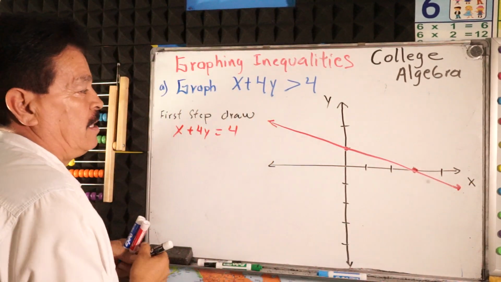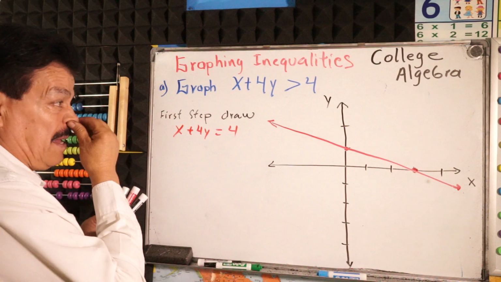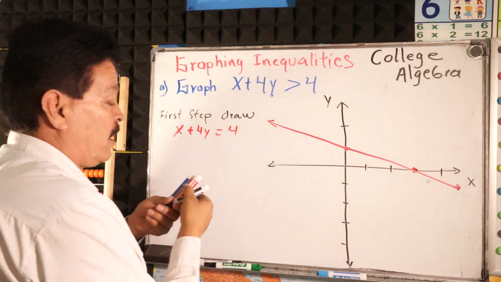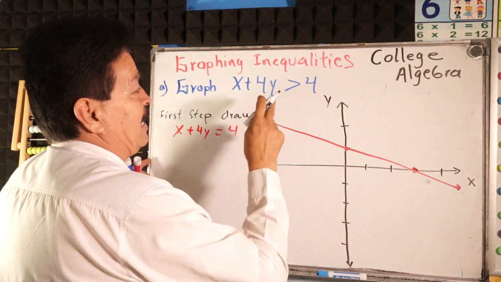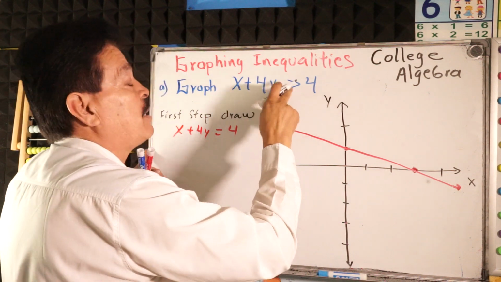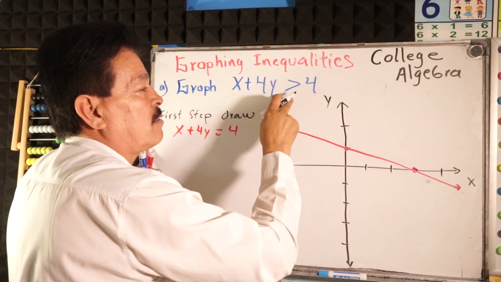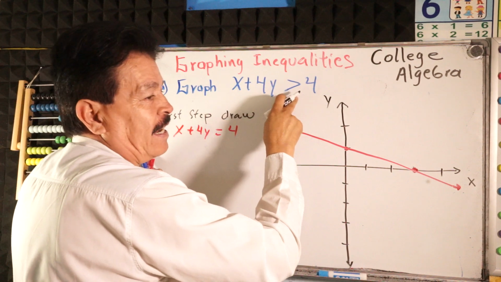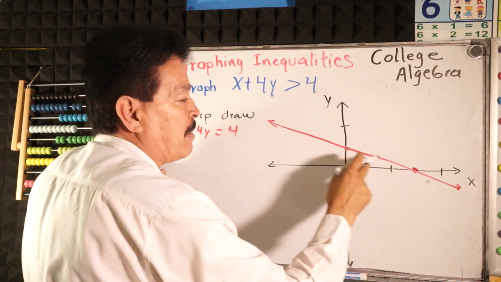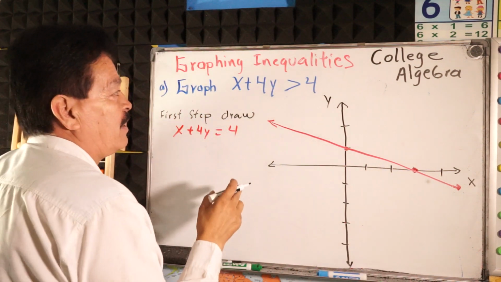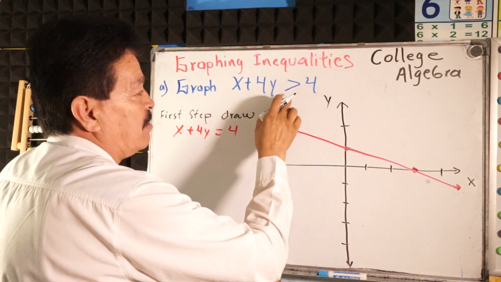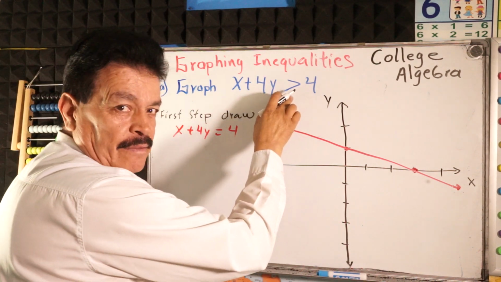But now, look at this, not finished yet. Since we are talking about, and this is very important, less than or equal to, or greater than or equal to, the line must be continuous when we graph the inequalities. But in this case, the symbol is only greater than. It's simple.